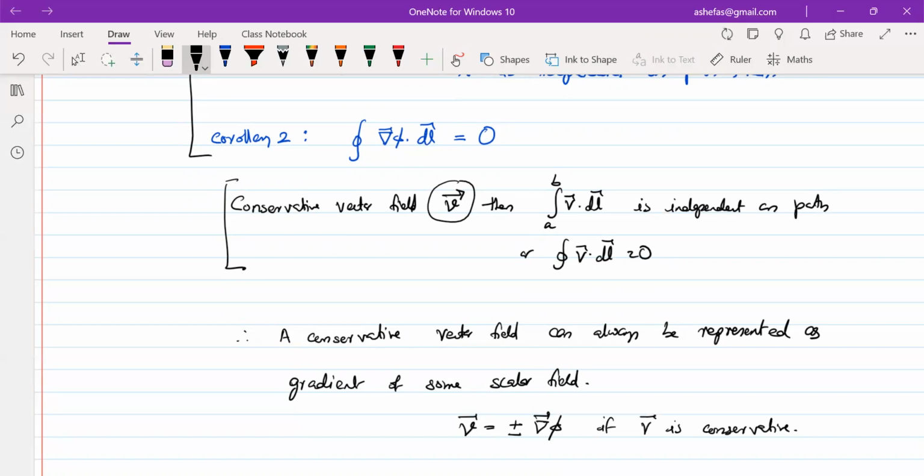Why I put the minus sign is because when you go to electrostatics, the electric field can be written as the negative gradient of the scalar potential. So there we additionally put a negative sign. This is only because the direction of the electric field is in such a way that it is in the direction in which the potential decreases the most.